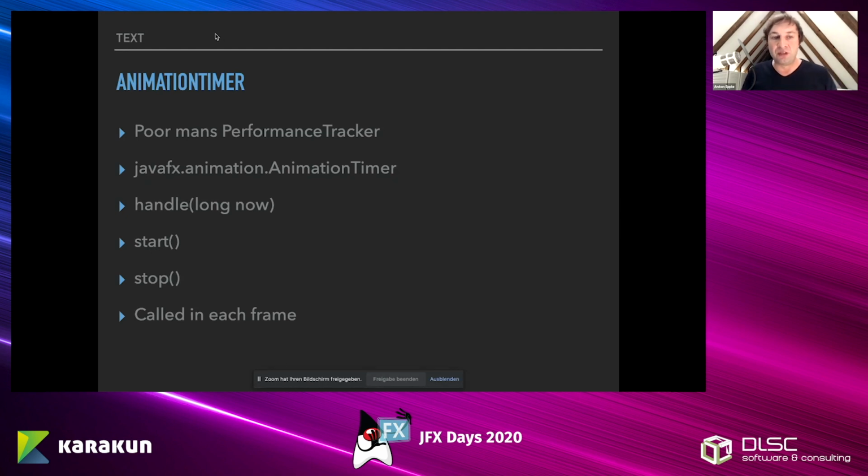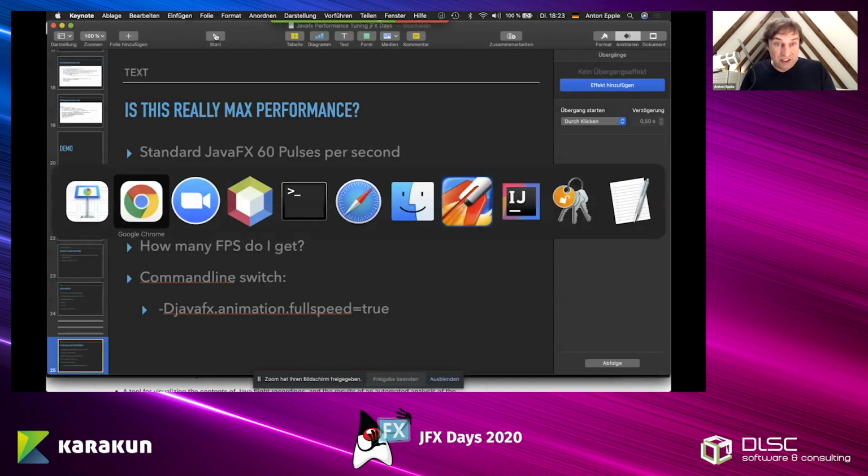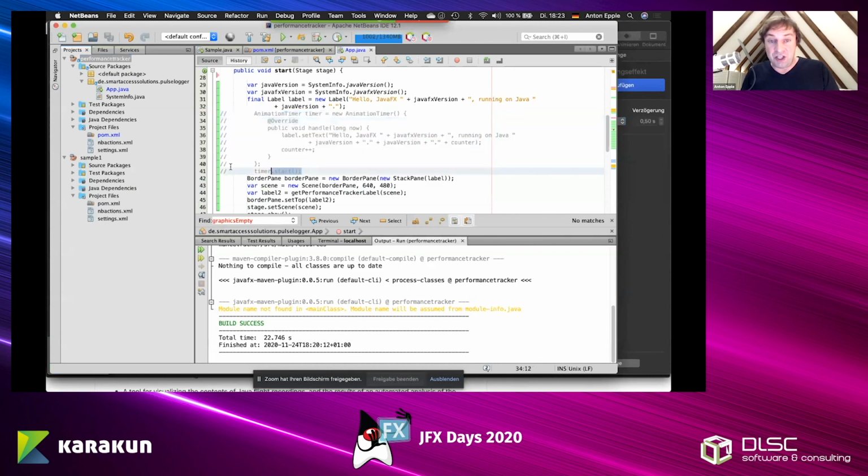So it will actually give you the 60 frames per second. You will see the 60 frames per second because the animation timer itself forces the system to fire all these pulses.